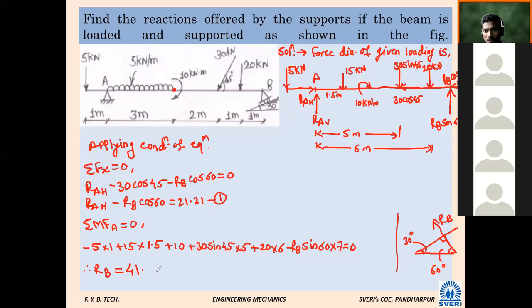Tell your name, at least your roll number. Avinash Salgar, you are attending offline classes, no? Yes, sir. RB is correct: 41.82 kilonewton.